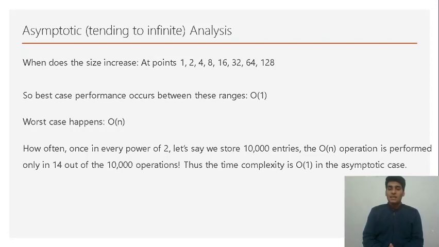So that makes the time complexity an asymptotic order of 1, because when you go to infinite, the log of infinite, that is the number of times the expansion has to happen, will be very less compared to the number of operations that are done in a very low order.